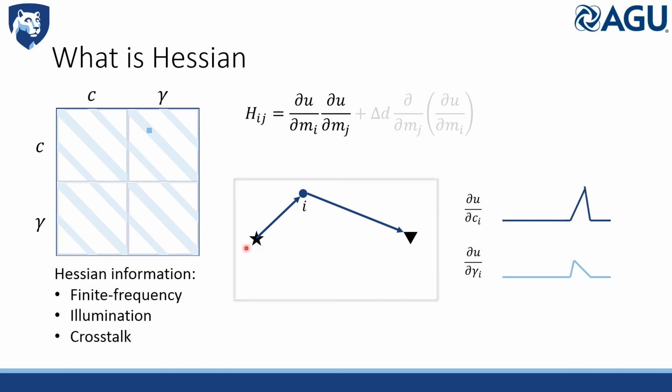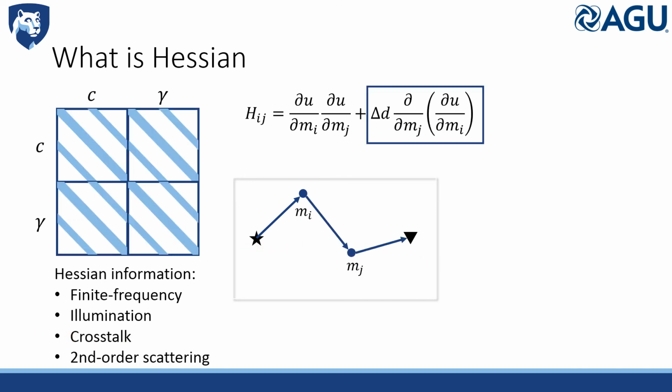So the Hessian matrix has the crosstalk information. Finally, let's check out the second term of the Hessian. Physically, it represents the wave field first scattered by mi and then scattered by mj, weighted by the data residual. So in this way, the full Hessian contains the information of the second order scattering. Basically, these are the four pieces of information carried by the Hessian matrix.